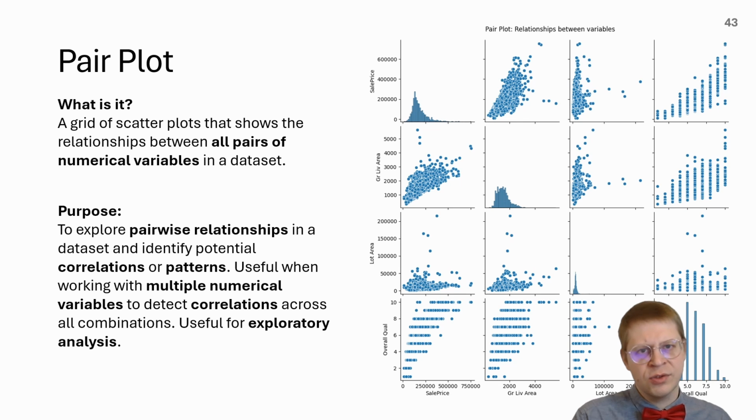It's an excellent tool for the early stages of data analysis, where you need to quickly look at the data and decide which variables interact with one another. It's a great choice for exploratory analysis. However, it might take some time to plot.